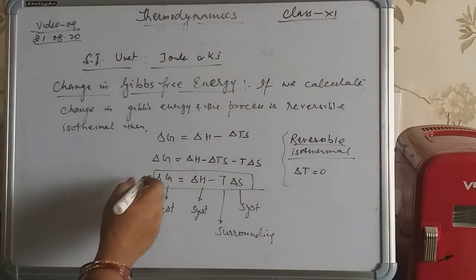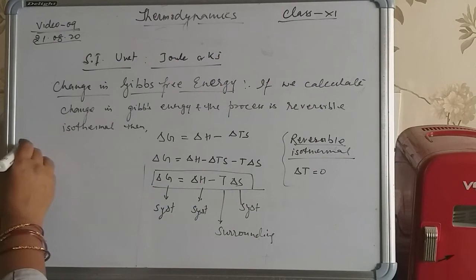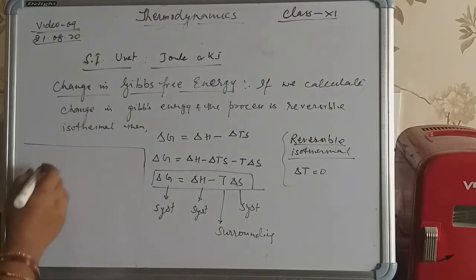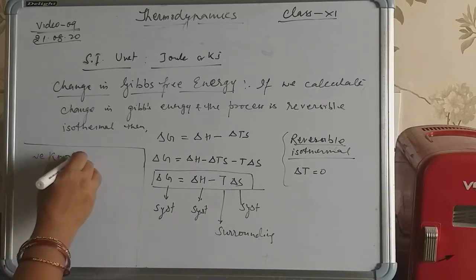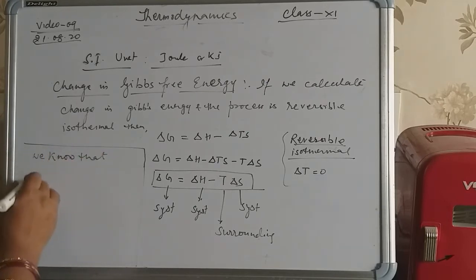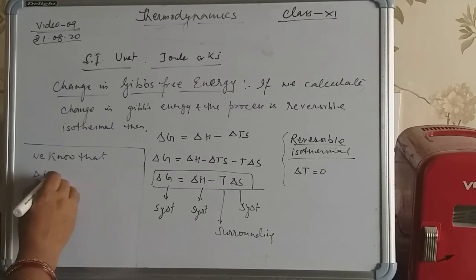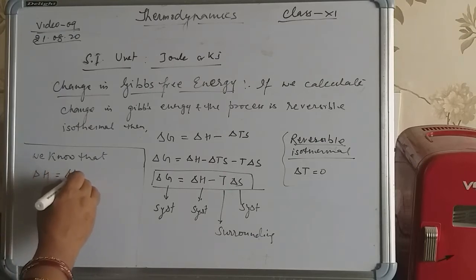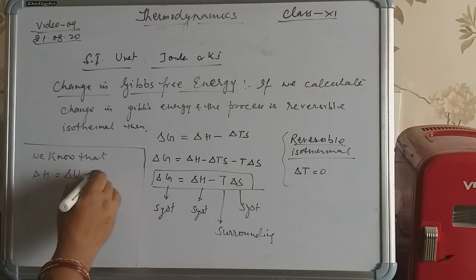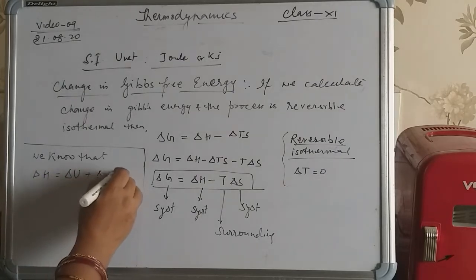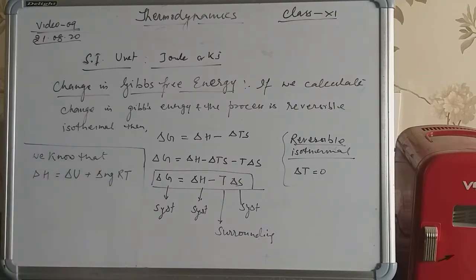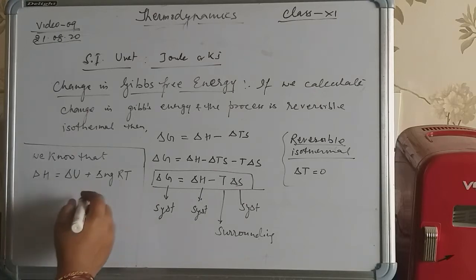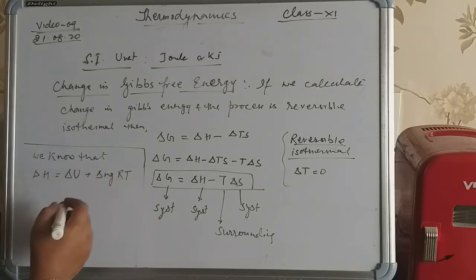And we know that delta H equals change in internal energy plus delta n_g R T, where n_g is the number of moles of gas, and R is the gas constant at constant temperature.